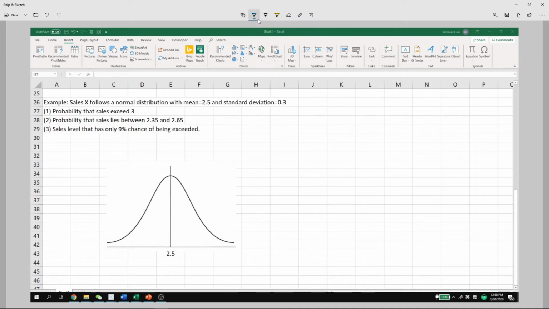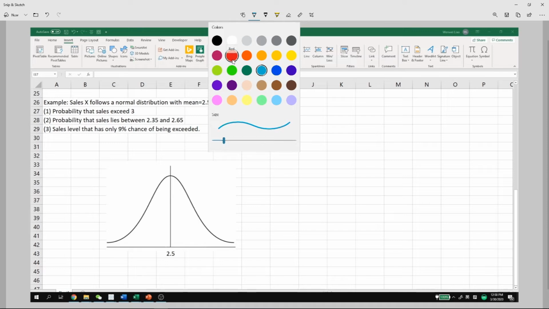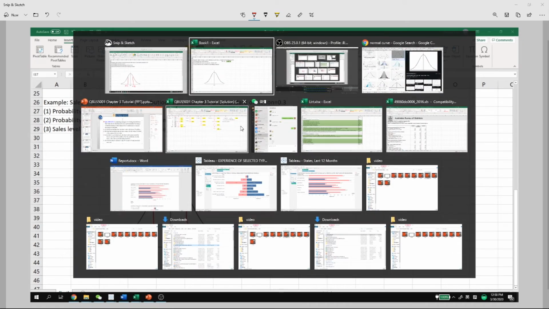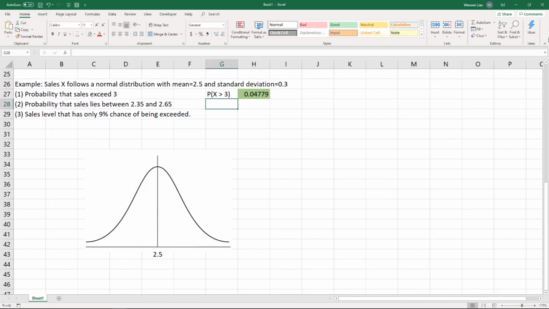We can draw 2 lines here, 2.35 and 2.65. So we can translate this sentence to P(2.35 smaller than x smaller than 2.65).